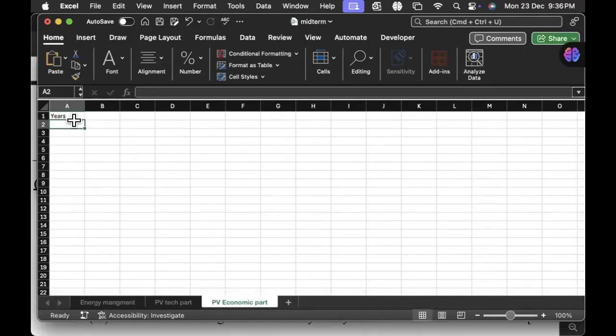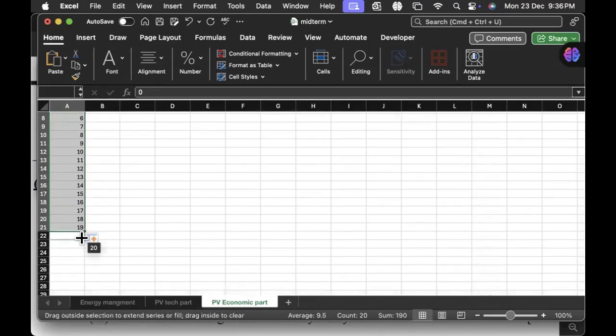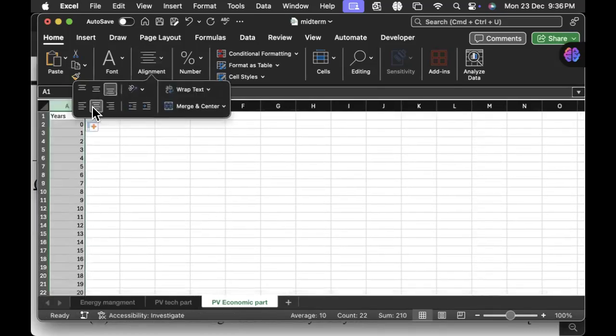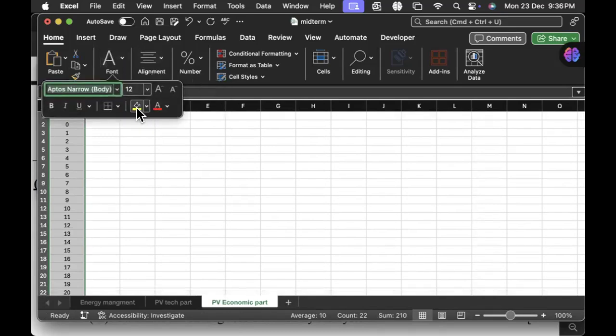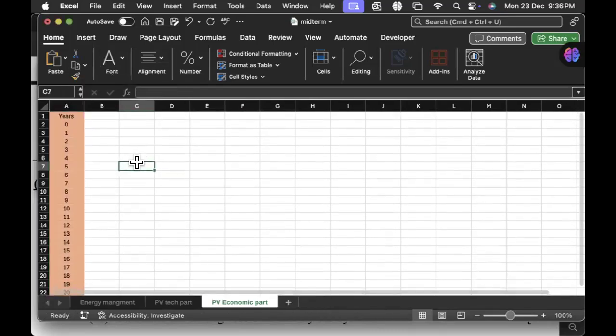So now, considering the year, we have starting from year number 0. We can roll down to get our 20 years. Okay, so these are our 20 years of operation.